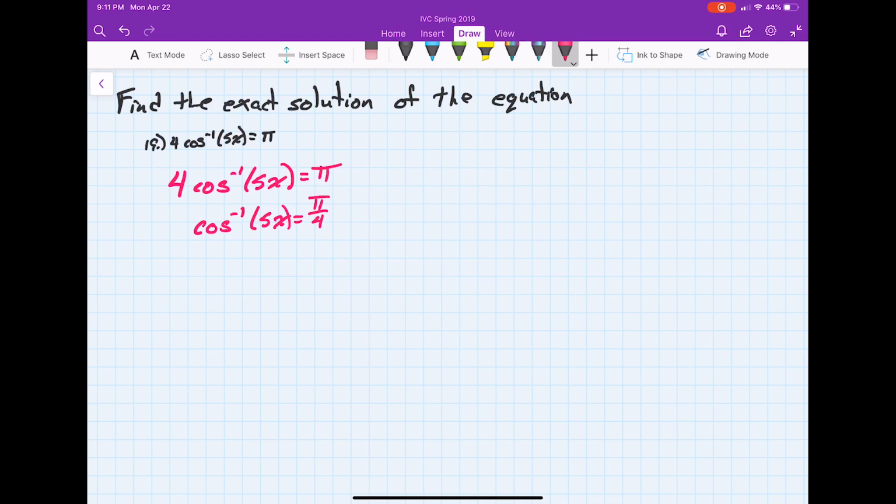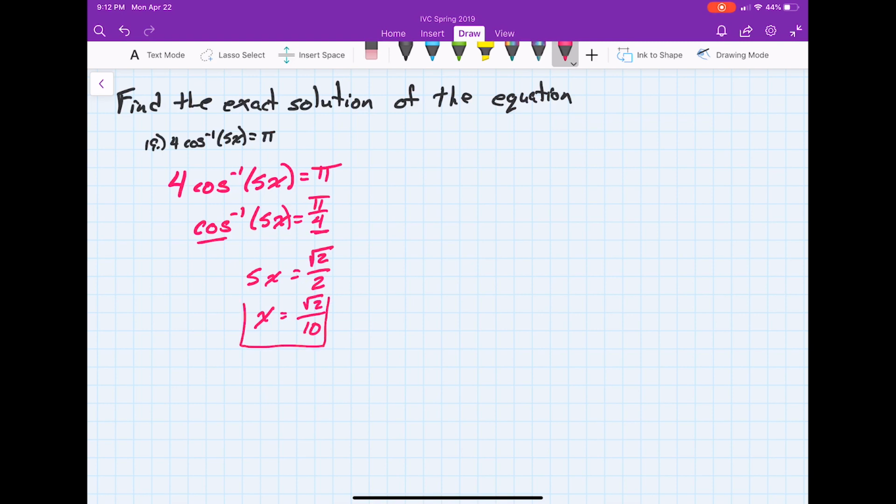And cosine inverse at pi over 4, that is actually at square root of 2 over 2. So it's a 45-degree angle. So we have 5x is equal to square root of 2 over 2. Now we're going to divide both sides by 5, which will end up being a multiplication of the inverse. So we'll have square root of 2 over 10.